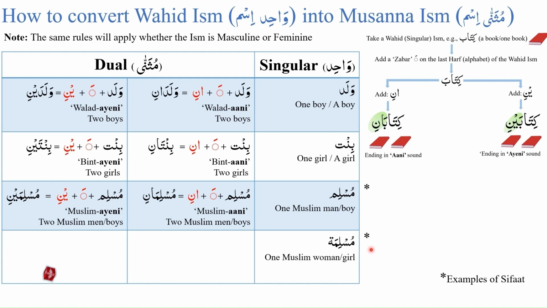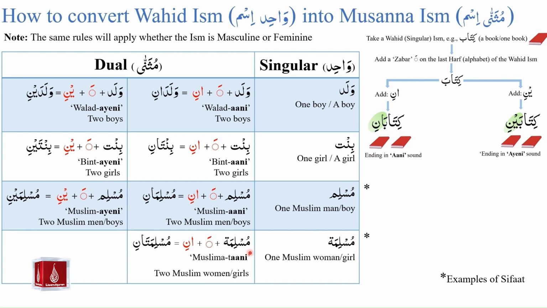Finally, we have the word muslima. Muslima means one Muslim girl or one Muslim woman. Let's convert muslima into its musanna form. We will add a zabar on the last harf, followed by alif noon zair. So, if we add zabar to muslima, and then we add alif noon zair, it will become muslimatani.